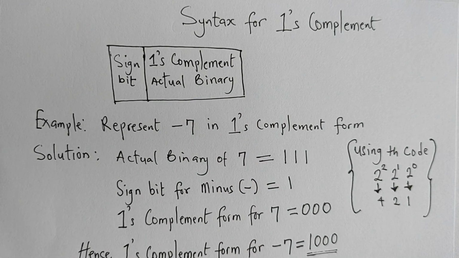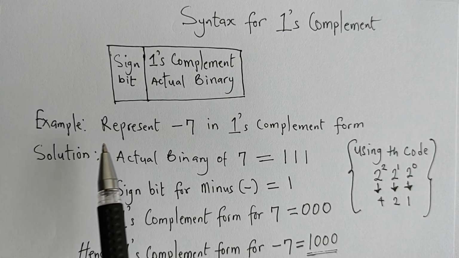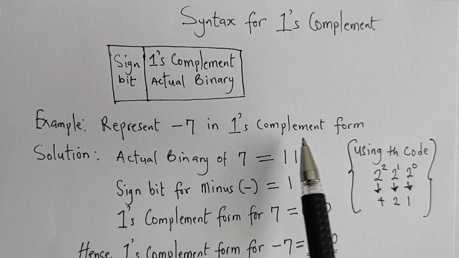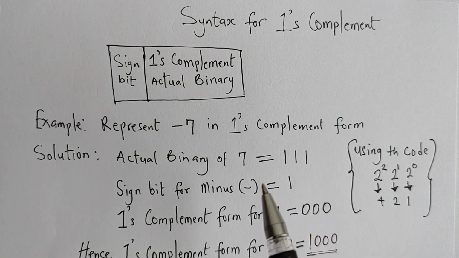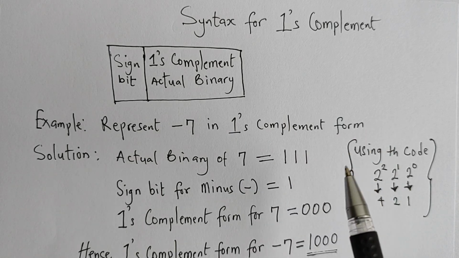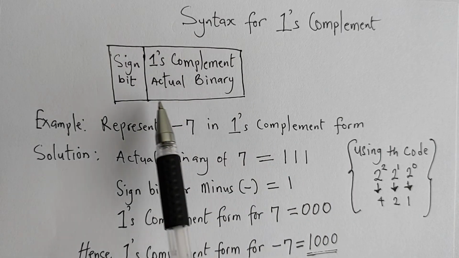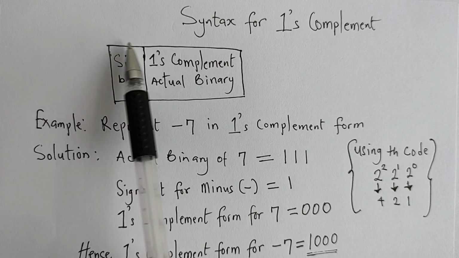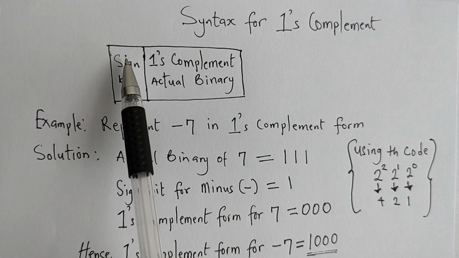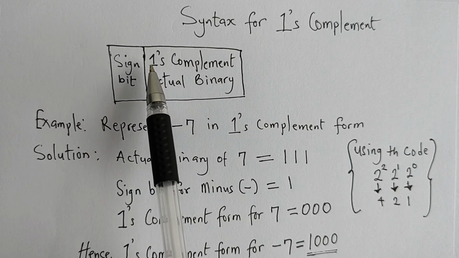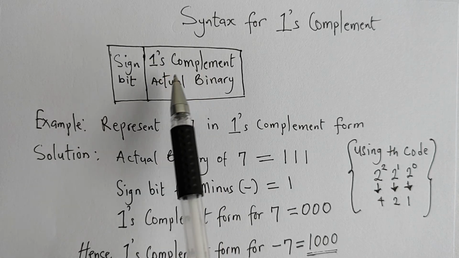We have this example. Now, let's go straight to this example. It says, represent -7 in 1's complement form. The question can come like this in your examination. So, the first thing you need to do is to understand the syntax I have presented here, where you have these two columns: the sign bit, which is the first column, and then the 1's complement actual binary.